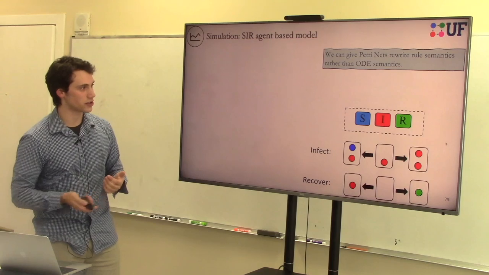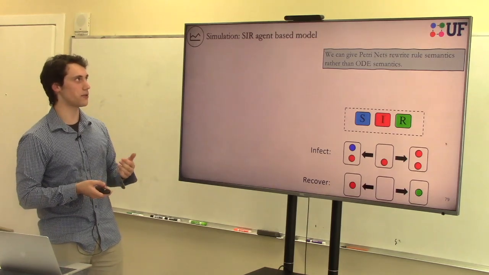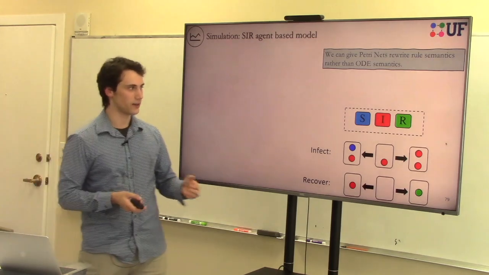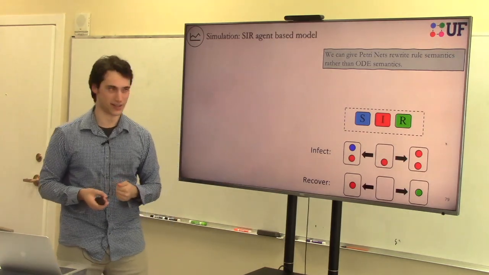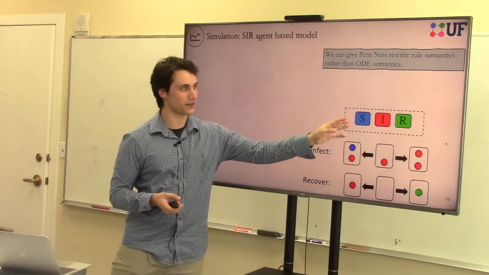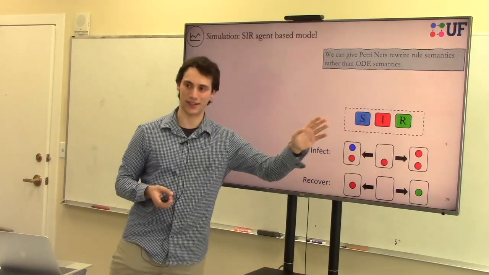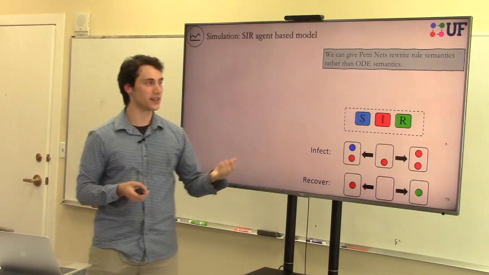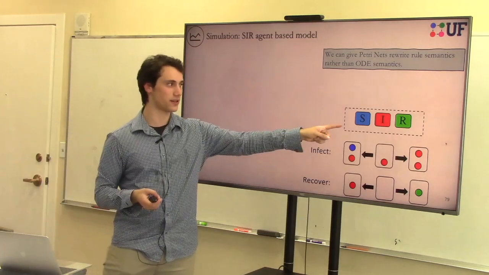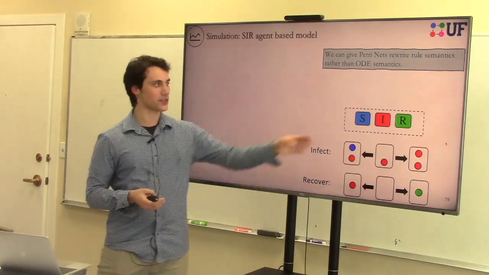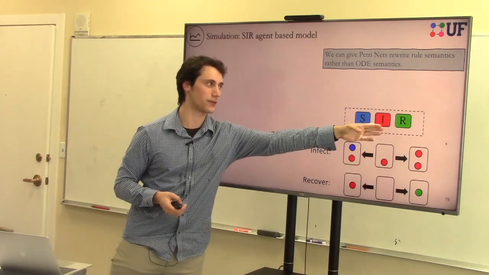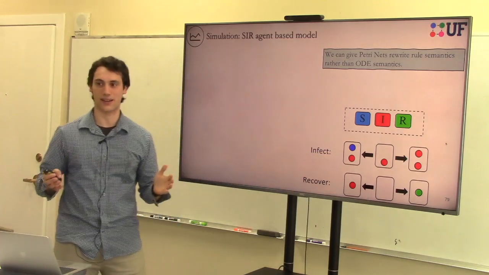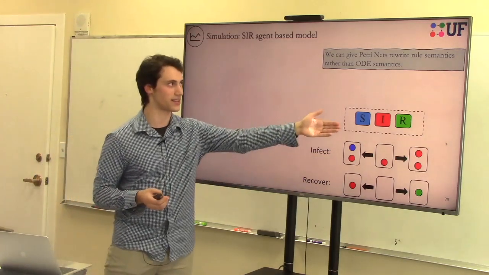So I want to return back to double pushout rewriting and focus on rewriting a very specific type of cset, which is what I'll call the SIR cset. The structure of that cset has just 3 dots in it and no arrows. So the meaning of a cset with this schema is to say, I have a certain number of susceptible people, I have a certain number of infected people, and I have a certain number of recovered people. And that's all you're saying with a cset of that schema.